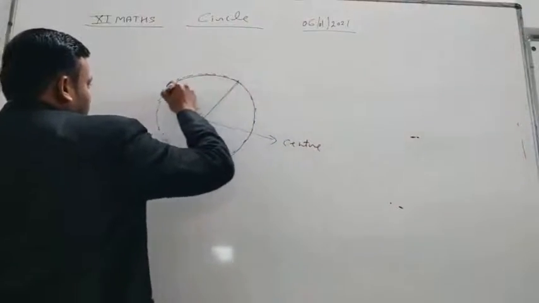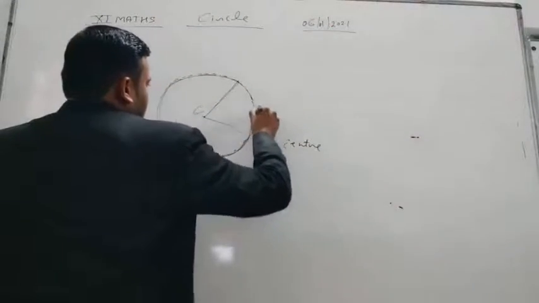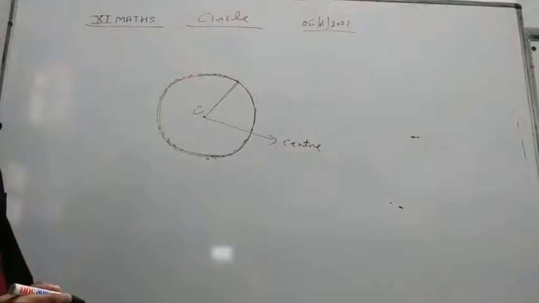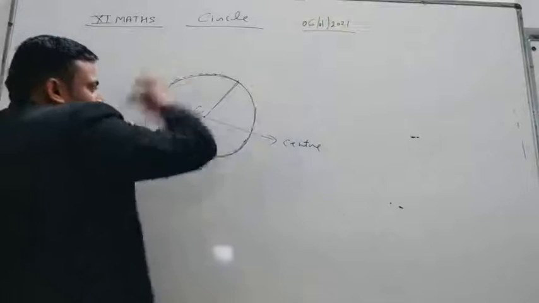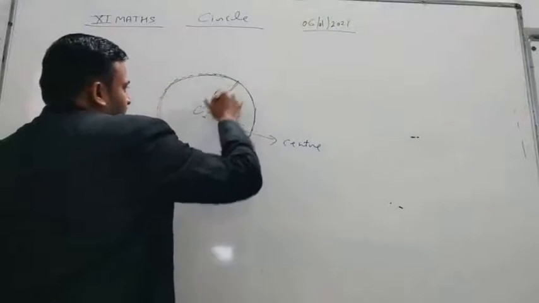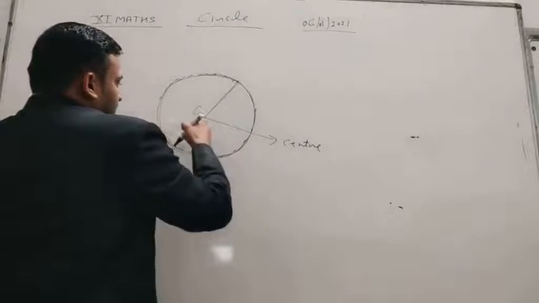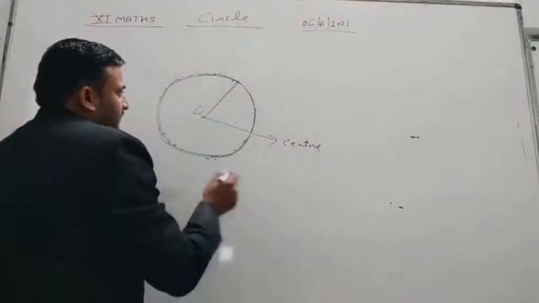So we can say that a circle is a locus of a point in a plane whose distance from a fixed point is always constant, and this fixed point is called the center.